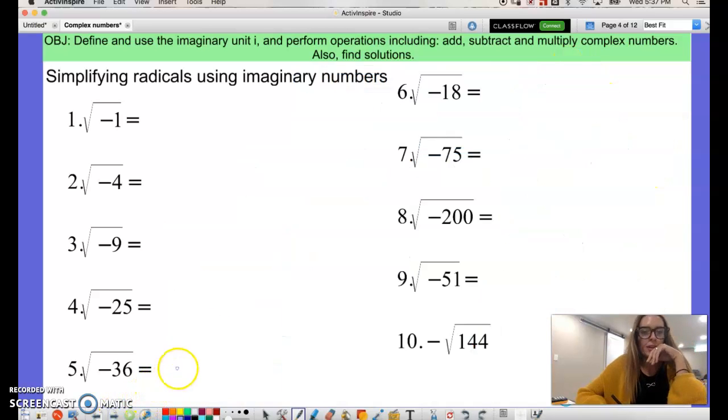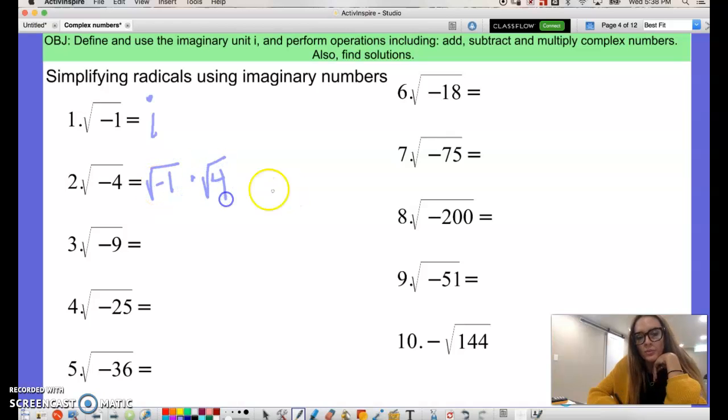All right, simplifying radicals using imaginary numbers. The square root of -1 we know is just I. When we get here, we can pull that -1 out. Basically what happens is we have the square root of -1 times the square root of 4. So the square root of -1, that's just our I, and then the square root of 4 is 2. So we write this as 2I.